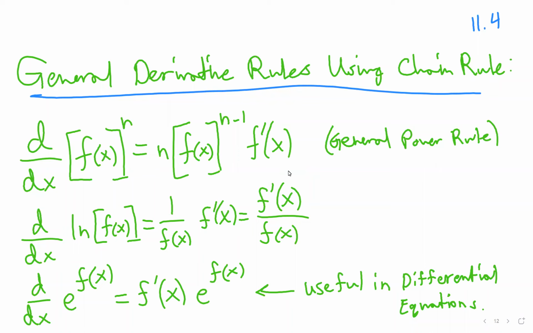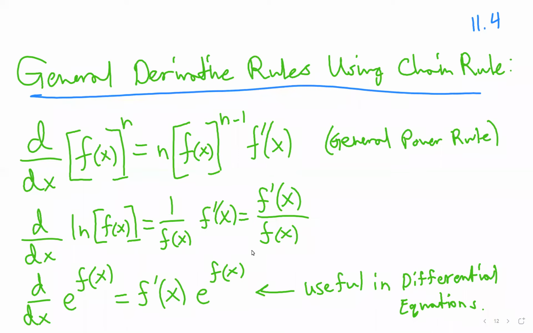And so if we apply the chain rule to ln of f of x, then we can get out this 1 over f of x as our initial kind of derivative of that ln function. And then we can also multiply by the interior derivative, so the derivative of that f of x function, to get f prime of x over f of x as our final result here.